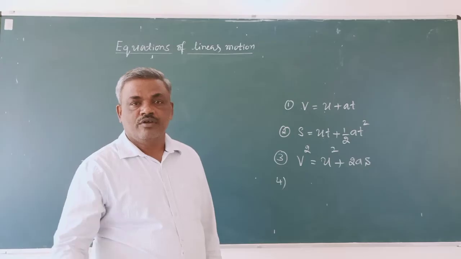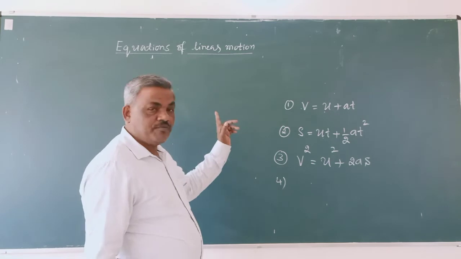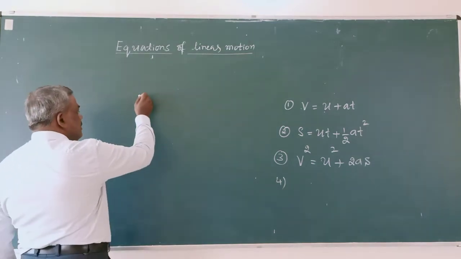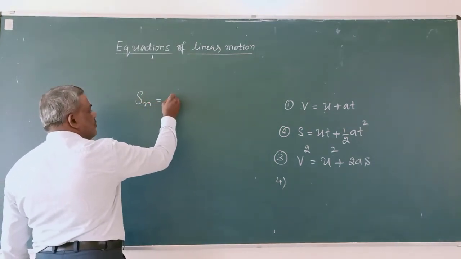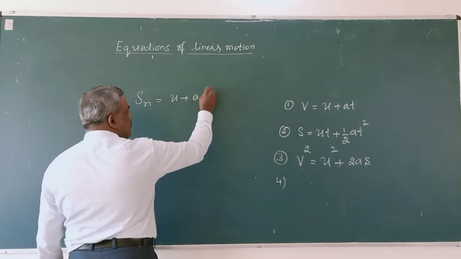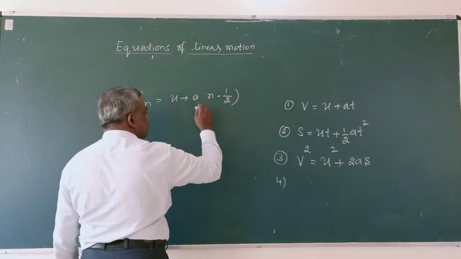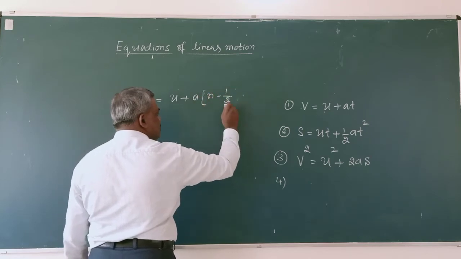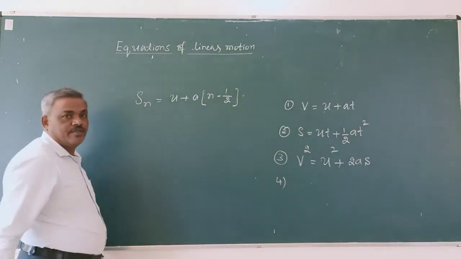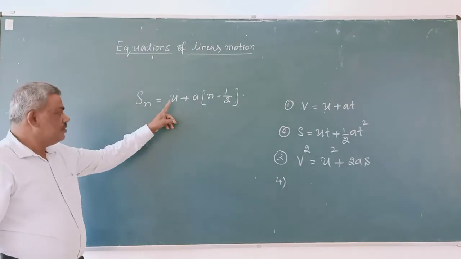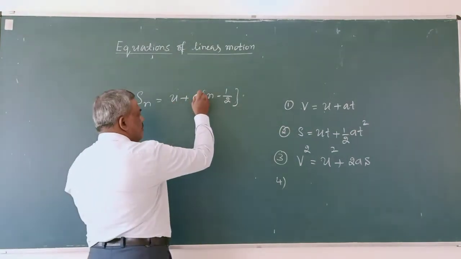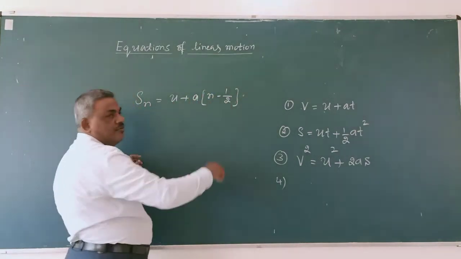Students, the fourth equation of linear motion: Sn equals u plus a into n minus half. This is the fourth equation of motion: Sn equals u plus a times (n minus 1) by 2.